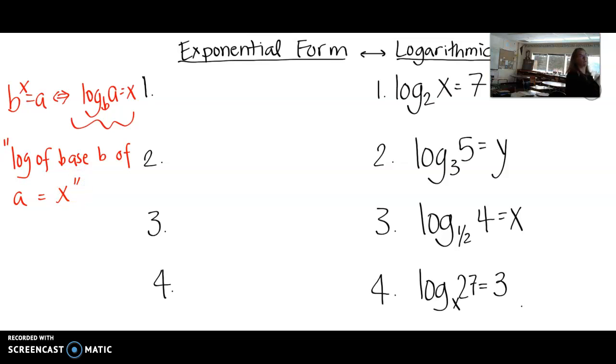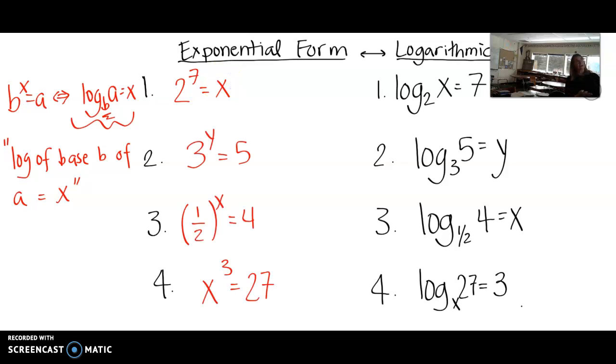Okay, so number one, you look at what the base is, what's in place of the b, which is a 2, and you go 2 to the 7 is the exponent, because a logarithm equals the exponent equals x. So go ahead and do those.